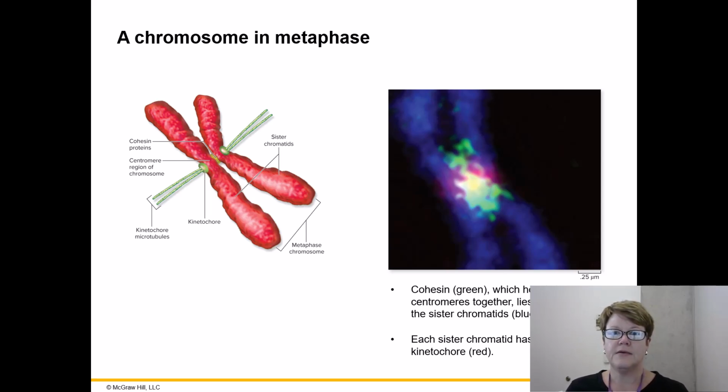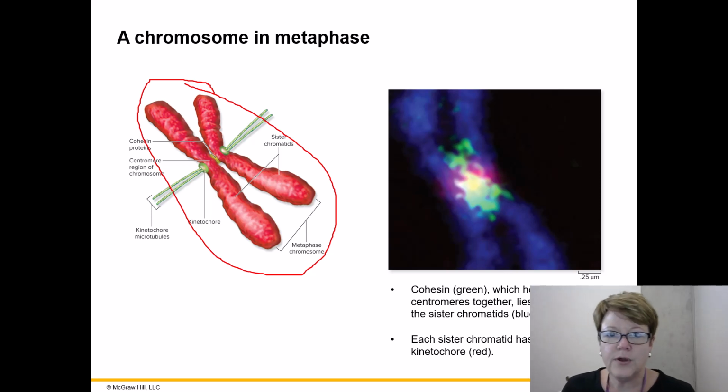All right. A chromosome in metaphase, actually, it doesn't have to just be in metaphase, a chromosome that consists of two sister chromatids contains proteins in between that hold the two chromatids together, and those proteins are called cohesin. All right.